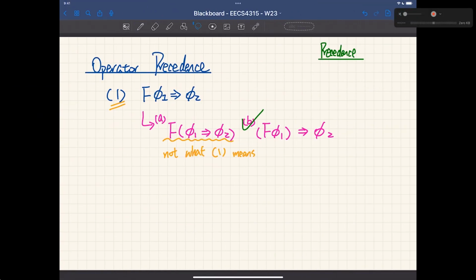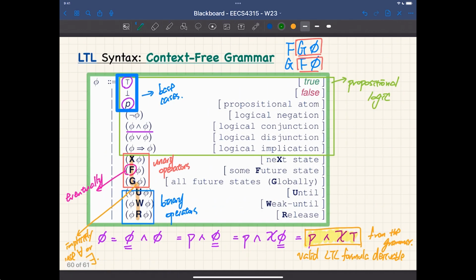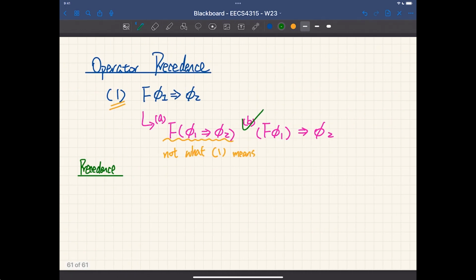Okay, the precedence, and then we can look at other examples. So the highest one will be the unary temporal operators: X, F, G. If you really want to force a particular way to evaluate it, you got to use parentheses. They are the same precedence level.